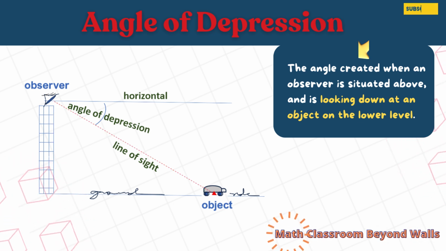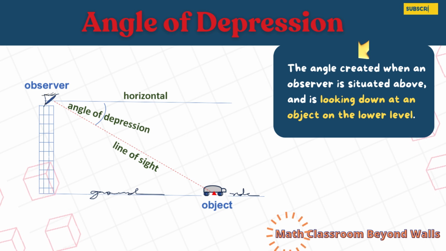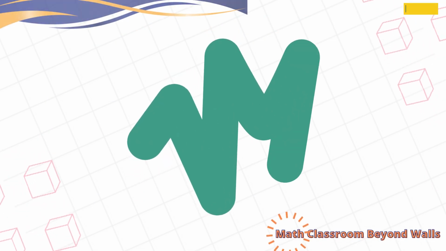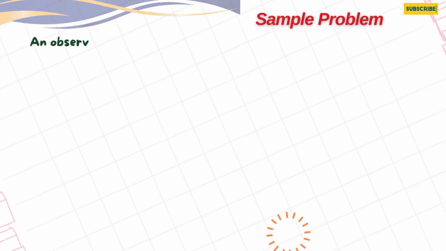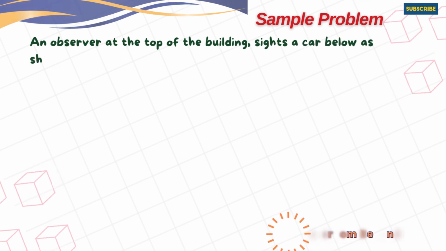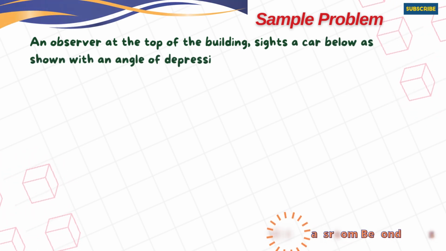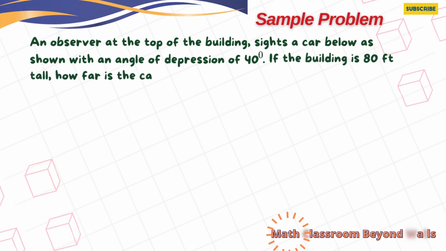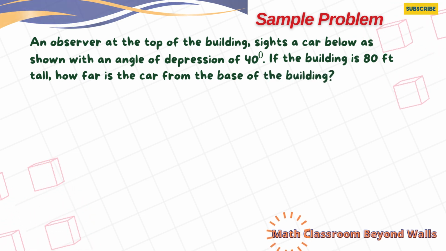Let us look at this simple problem so you will learn how to apply trigonometry in solving this real-life problem. Here's the problem. An observer at the top of the building sights a car below as shown with an angle of depression of 40 degrees. If the building is 80 feet tall, how far is the car from the base of the building?